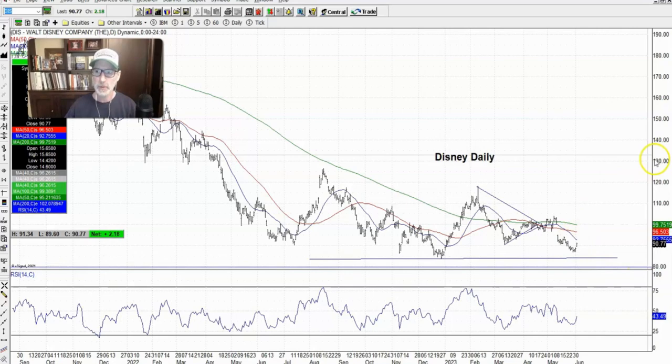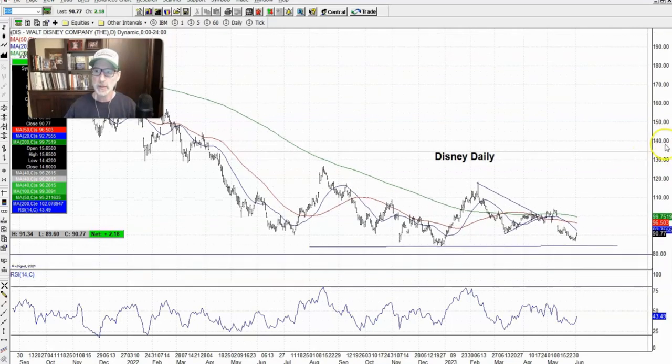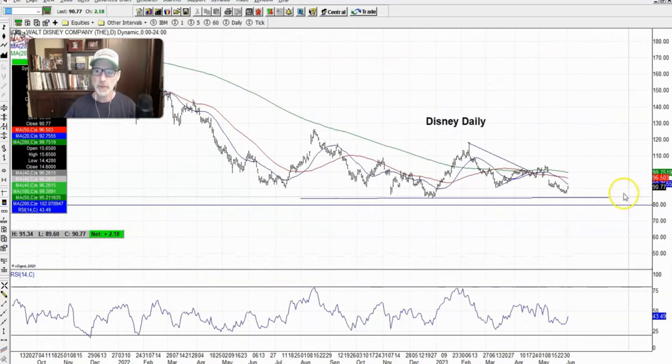Here's that long-term $80 level, and then we have this other little support area in the low 80s. So if Disney is something you want to get bullish on, it's coming down to long-time support. Maybe you nibble a little bit, buy a few shares if that's your thing, wait to see if it'll hold, and then see if it starts to move higher.